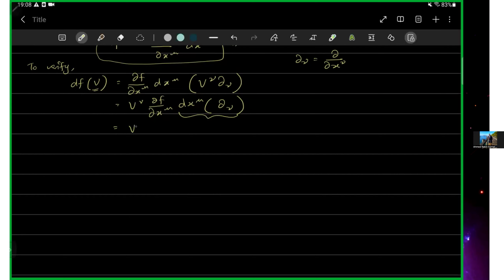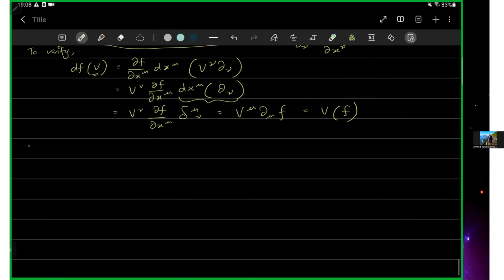So in that case, I would get v nu del f del x mu Kronecker delta. And of course, asserting the fact that mu and nu are equal, I would get v mu del mu f, which is essentially v acting on f, right? And essentially what you get out of here is the following.